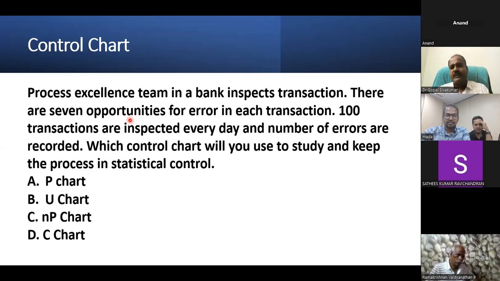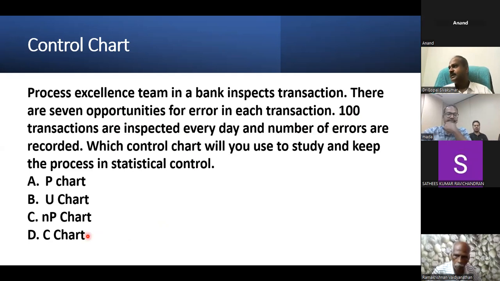For defective, you don't have to talk about opportunities: 100 transactions and 40 transactions failed, then it is defective. They are clearly pointing out what types of defects happen. So that's why it is defect only. But one thing here is the number of transactions is constant. So we are going for the C chart.